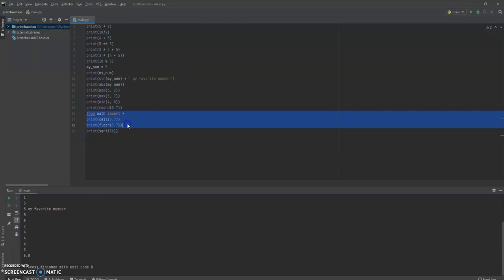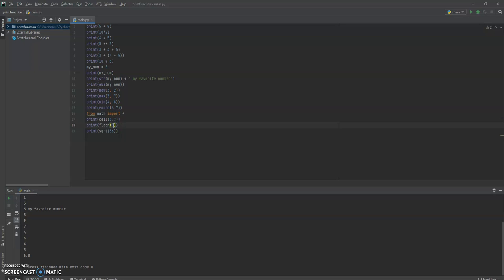But anyway, so then there's floor, okay? So floor. What floor is basically, it takes the greatest integer that is less than or equal to the number you put in.